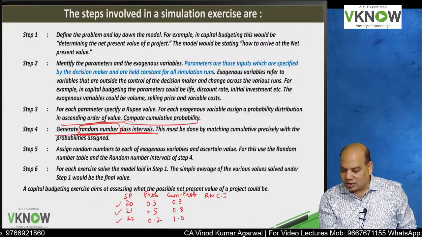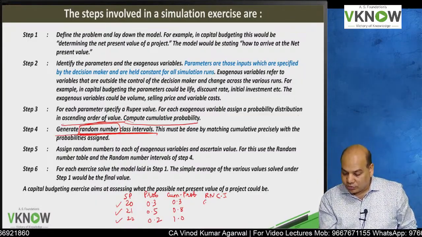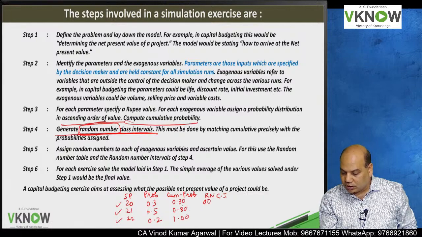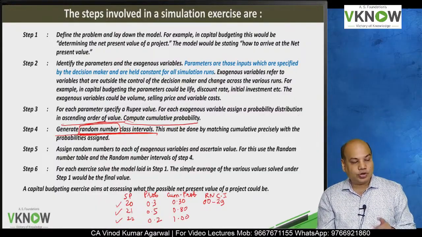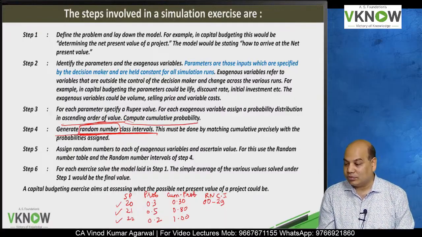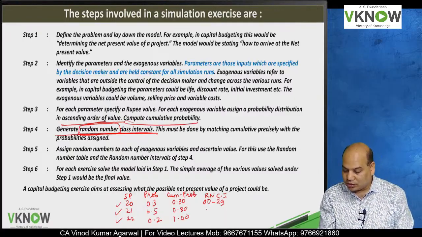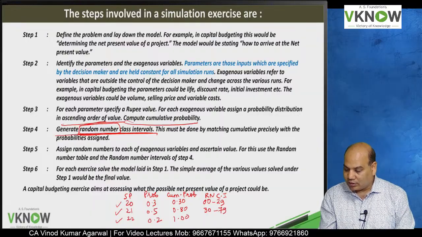Random number class interval, how do we compute it? First, 30 numbers, so the class interval will be 0 to 29. 0 is also one random number. Then it is 80, so the next class interval will be 30 to 79.